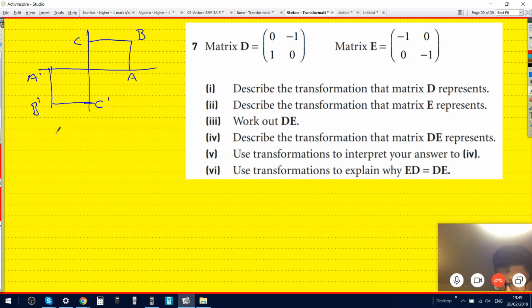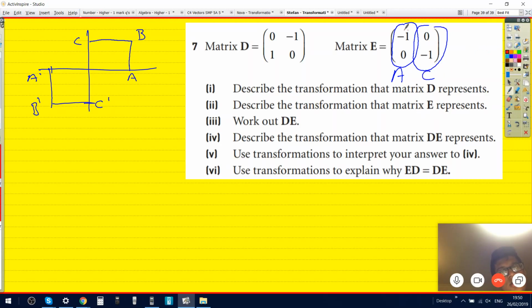So A double dash would stay in the same place, but B would move to the... So the way I did it is, this is like A, and this is like C. And I suppose the one that you always like to do is this one being like B.